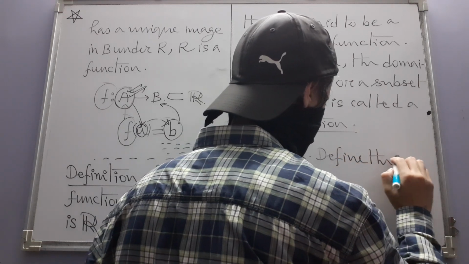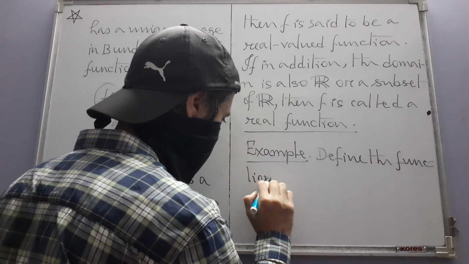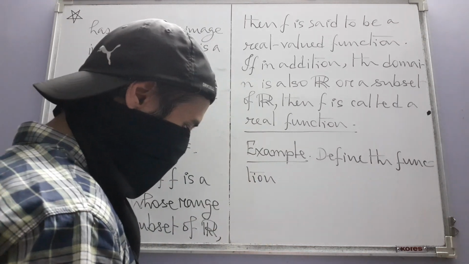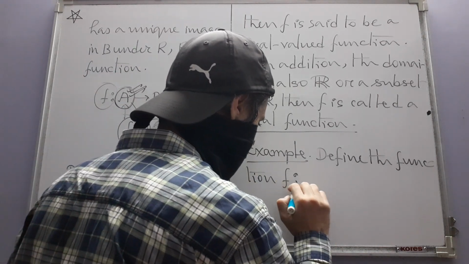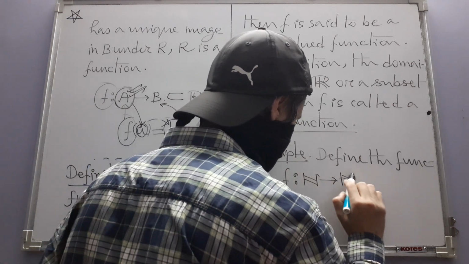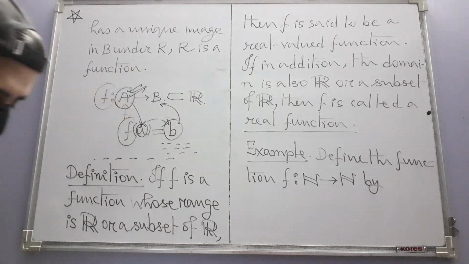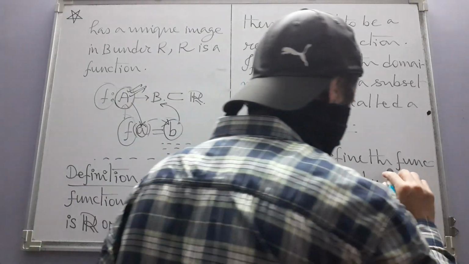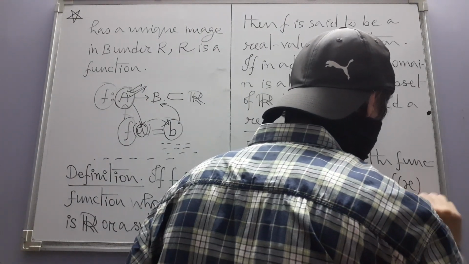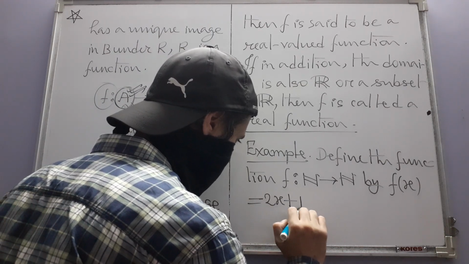Define the function f from the set of natural numbers into itself by f of x equal to 2x plus 1.